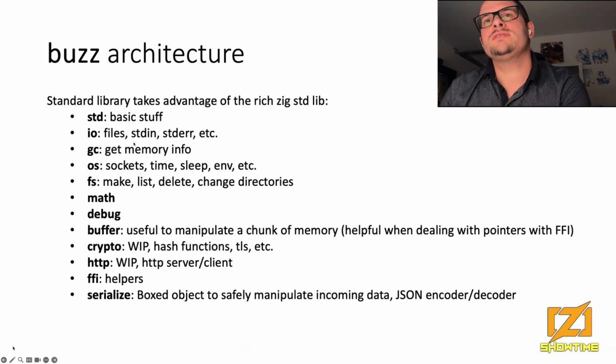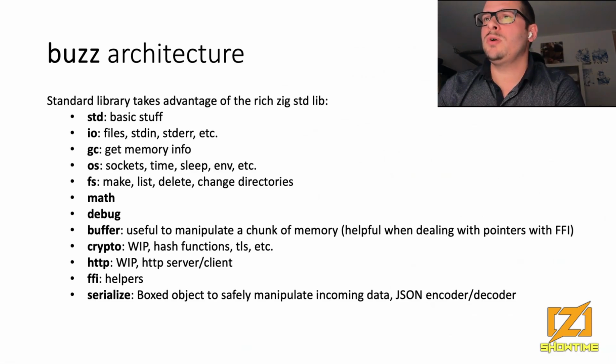The basic things like files, memory, sockets, file system stuff, etc. And you have the buffer library, which is basically an object allowing you to manage a chunk of memory. It's really useful in combination with FFI, because whenever a C function is going to ask you for a pointer to some kind of data, you're going to use a buffer.